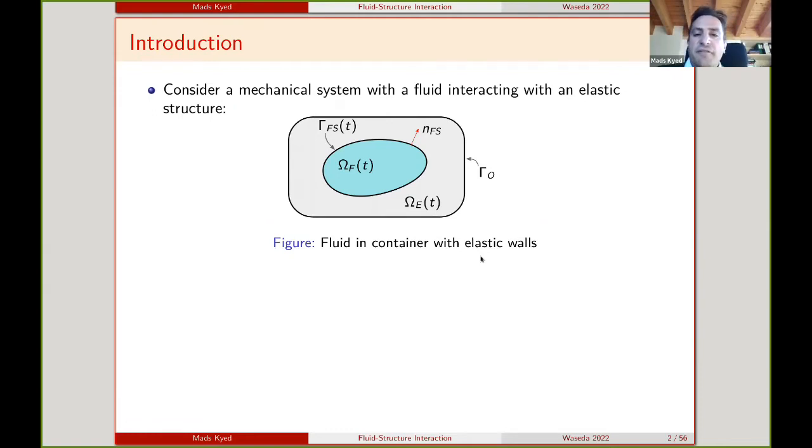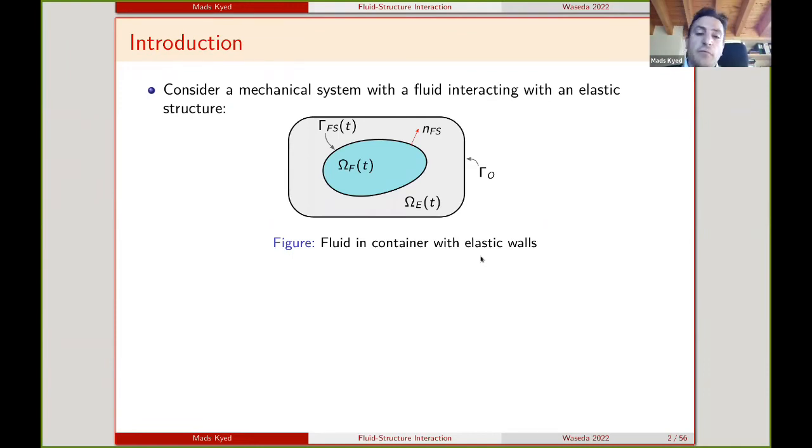If you apply a force to the fluid, you will set it into motion, and whenever a fluid moves, certainly when it's a viscous fluid, it will exert a force upon its surroundings, in this case, the elastic walls.